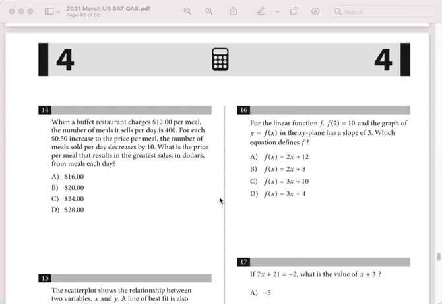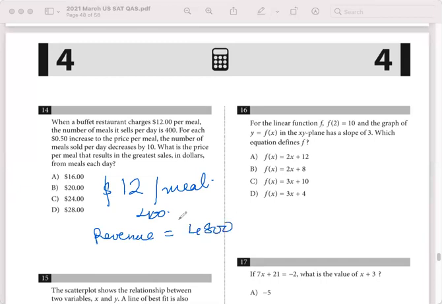Okay, so when it charges $12 per meal, right? And it is able to sell 400 meals, right? So what is the revenue? The revenue is 4,800, right? That's when it charges $12 per meal.